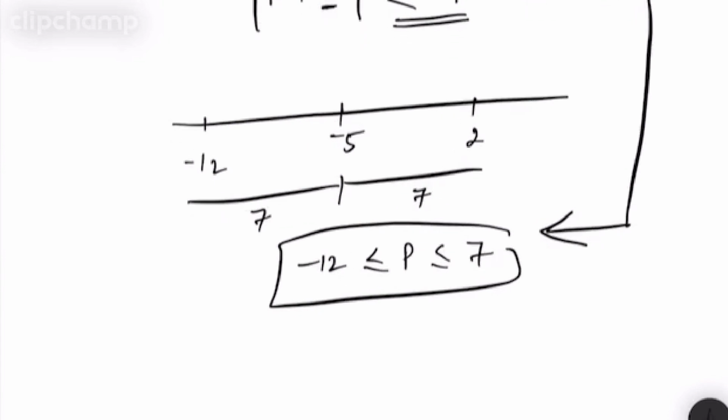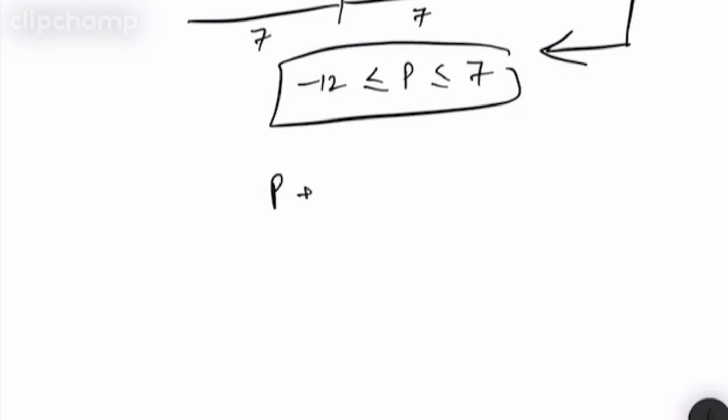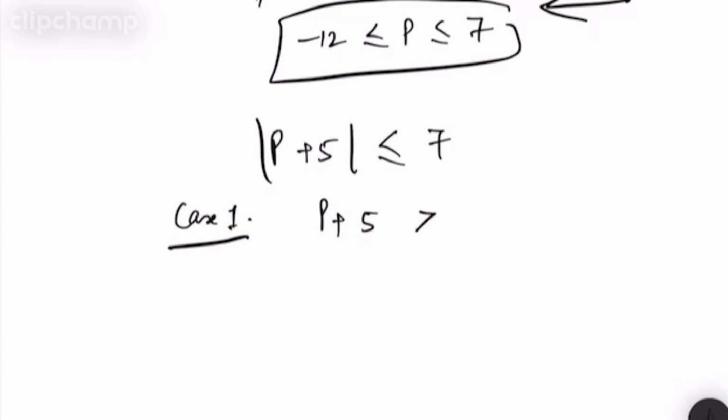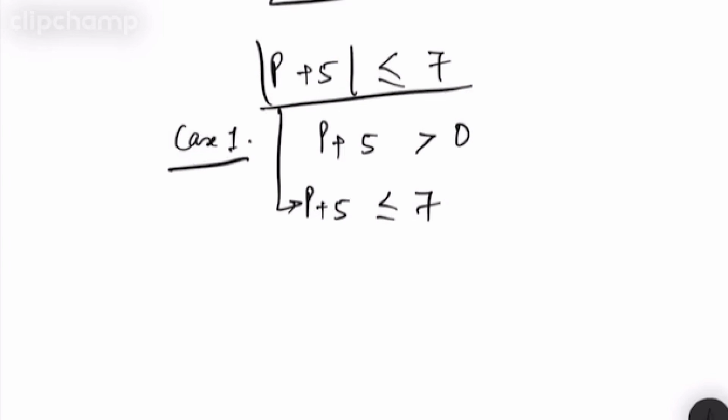Now let's see the traditional approach. Again we will write the same problem: mod of p plus 5 is less than or equal to 7. In the conventional method, we will consider two cases. Case 1: p plus 5 is greater than 0. Then p plus 5 will be less than or equal to 7, because the value inside the mod is positive.